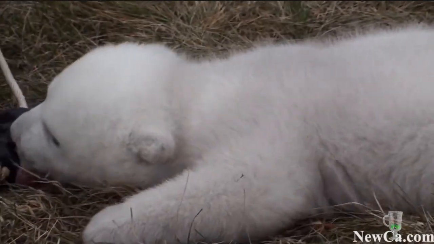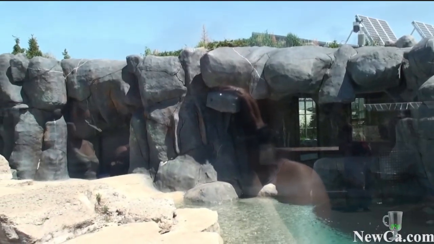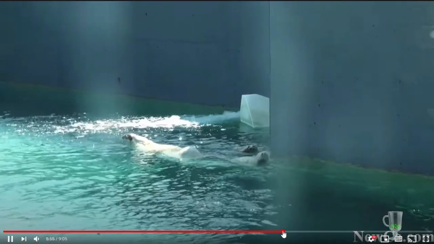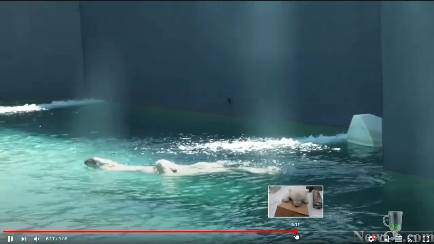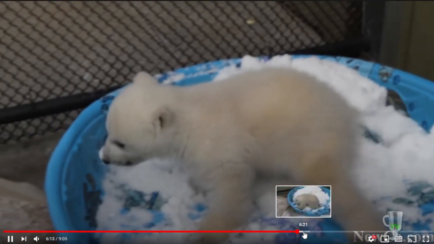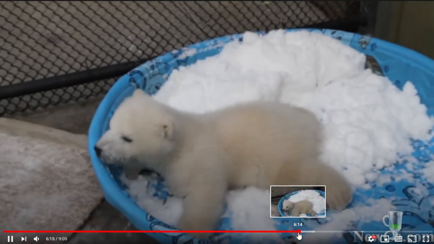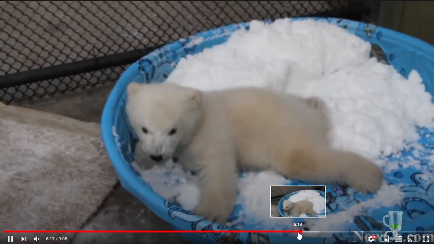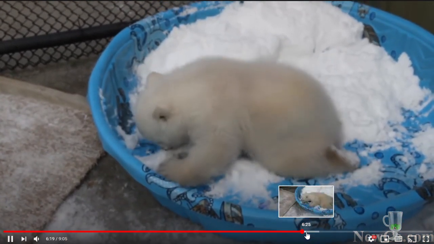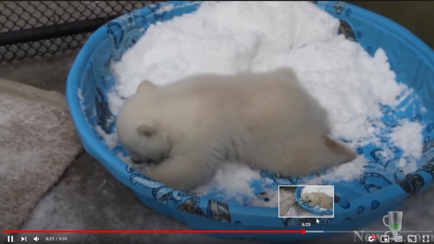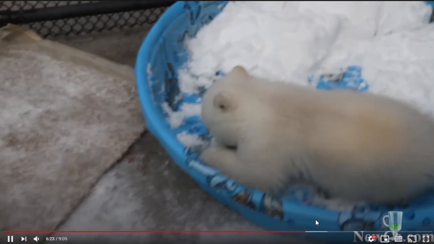I don't like this though. I don't like that it's in like a controlled setting. They need to be out. I don't know if I agree with the polar bear in a caged area, you know?